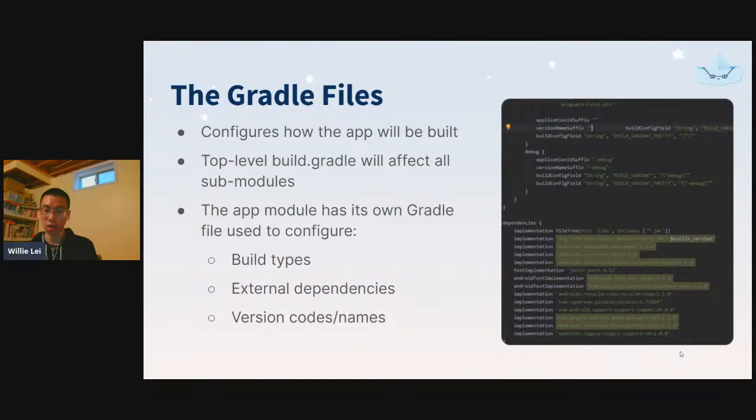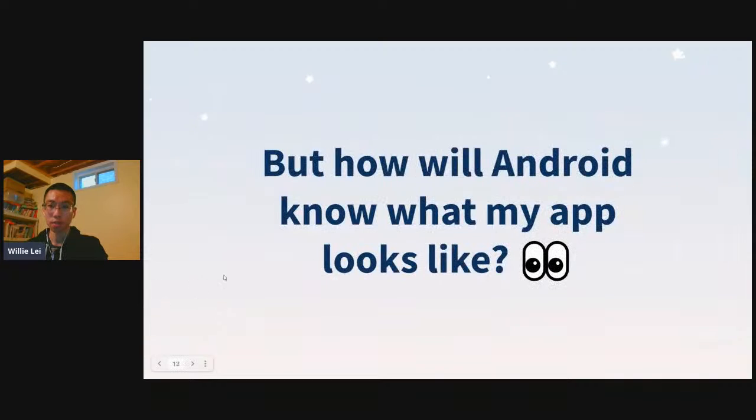It also uses a recycler view, which is a view used for rendering a list of elements. And then you can define how to build the application here. So setting the version number is also done within this file. So if I just exit out of here, I'll show you guys where all this stuff is.